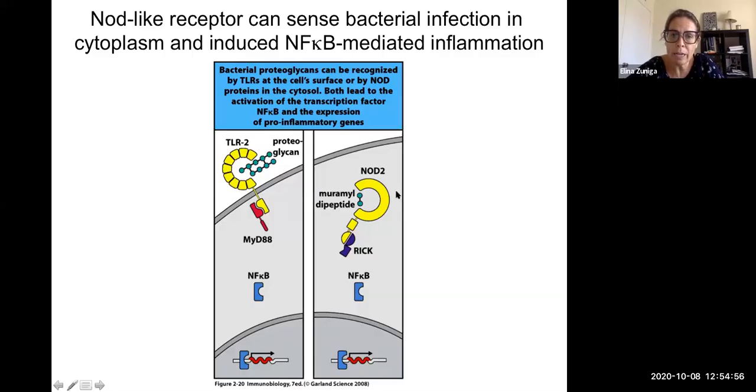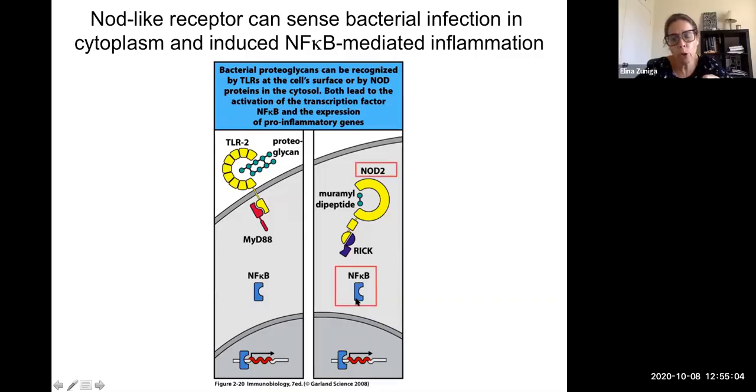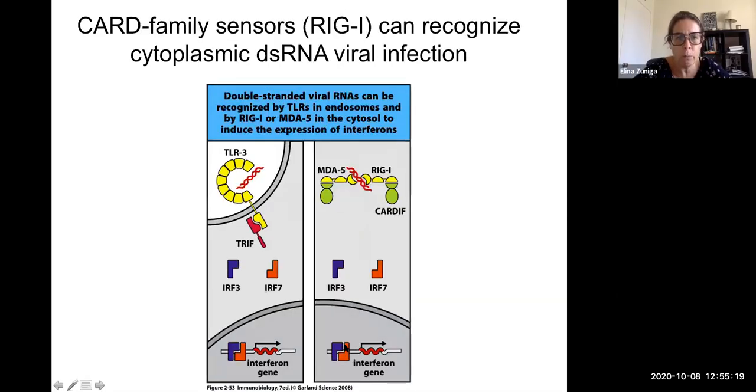Now it will be recognized by these NOD-like receptors and induce the activation of NF-kappa B. And you know that NF-kappa B will translocate into the nucleus and promote the expression of pro-inflammatory cytokines like IL-1, IL-6, and TNF-alpha, and we will learn more on how they act.